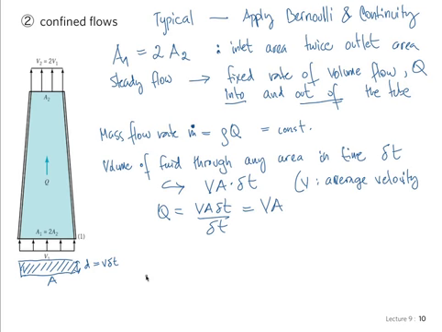Mass conservation or continuity, m dot equals rho VA equals constant, and so this, for this case of a confined flow, is simply that V1A1 equals V2A2.